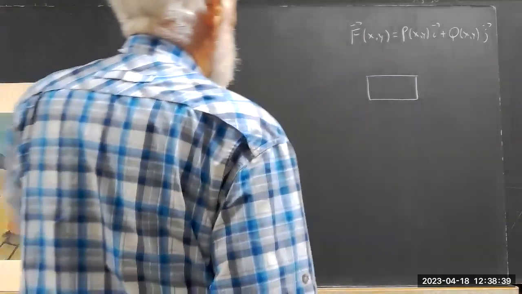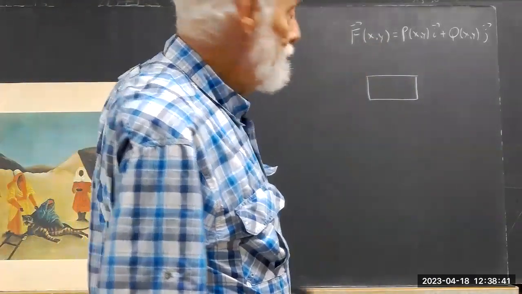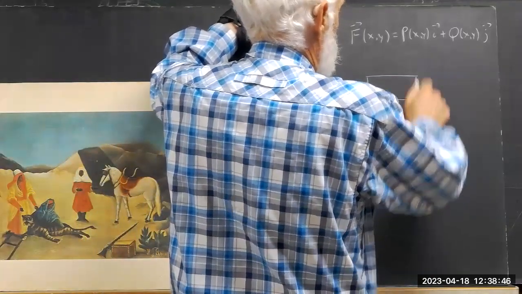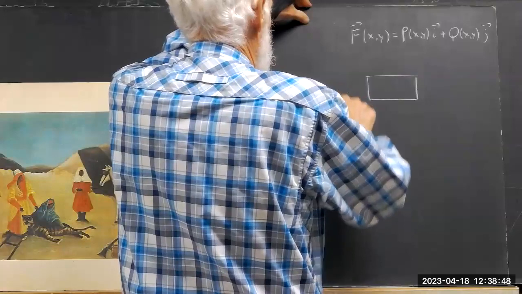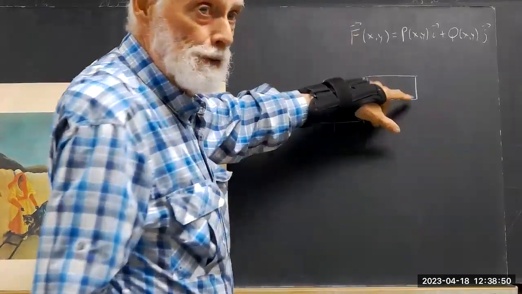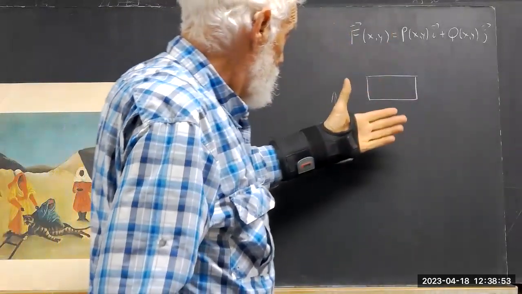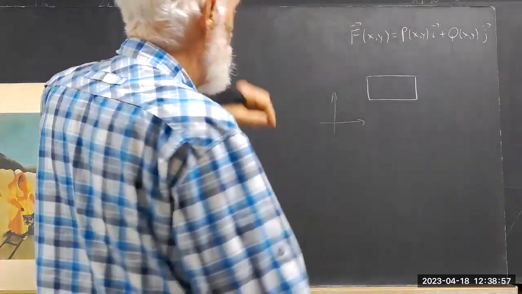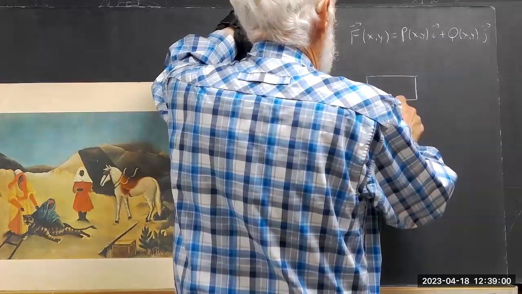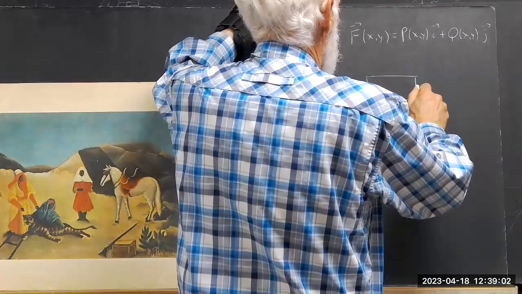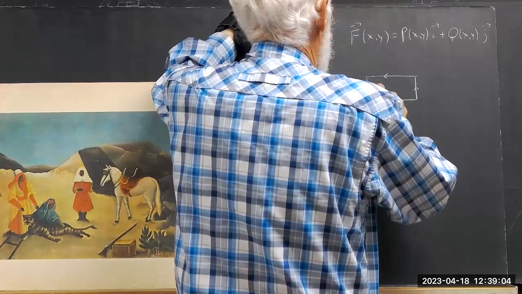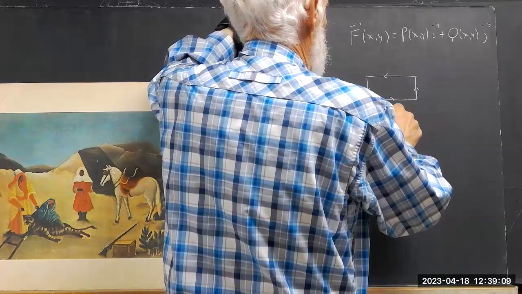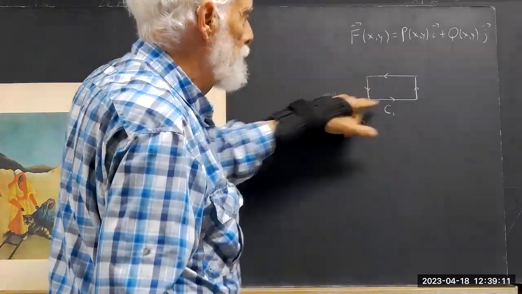Okay, you've got a rectangle, with this in the x direction and this in the y direction. A rectangle with sides parallel to the coordinate axes. And we're going to have a path that goes around this rectangle. Here to here, we're going to call this curve C1.